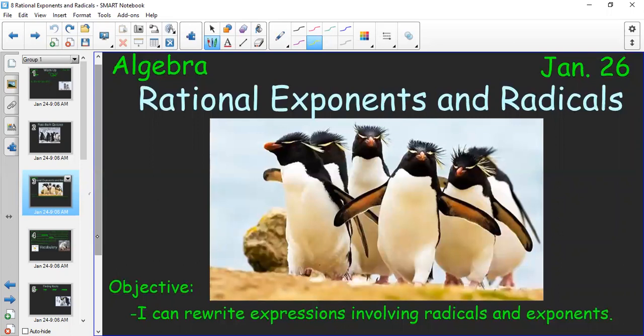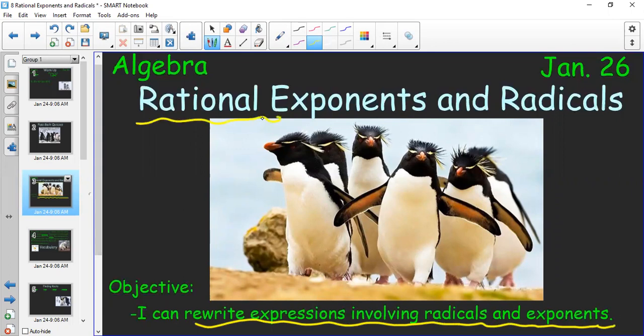Okay, so our goal today is to rewrite expressions involving radicals and rational exponents. Rational just means it could be a whole number, negatives, positives, or decimals, but today we are dealing with fraction exponents.